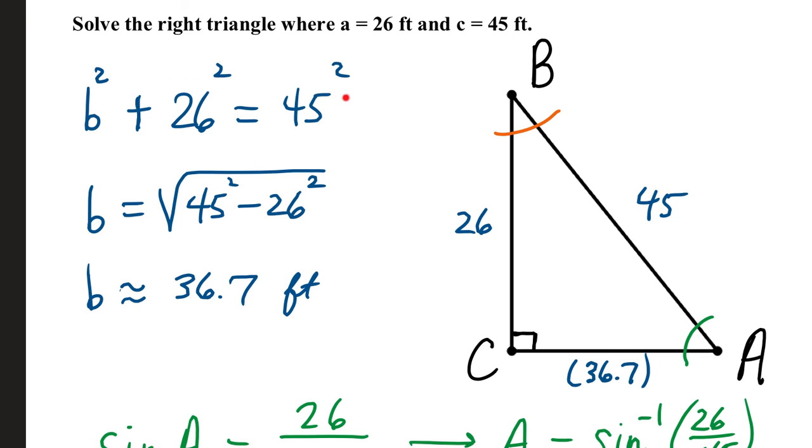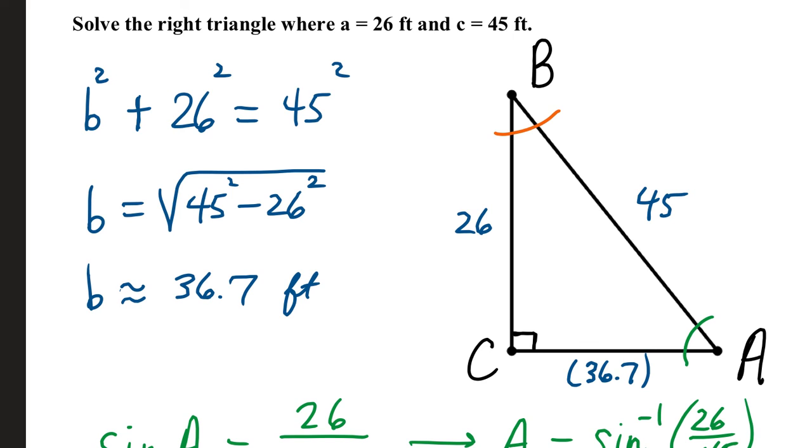We could set this up with the Pythagorean theorem. Remember, your hypotenuse is always on one side by itself. Subtracting 26 squared on both sides, we have 45 squared minus 26 squared. And then to get the square off of the B, we take the square root of both sides, and we get an approximate length of 36.7 feet, and that's in the parentheses.